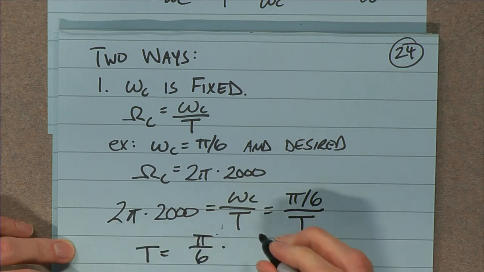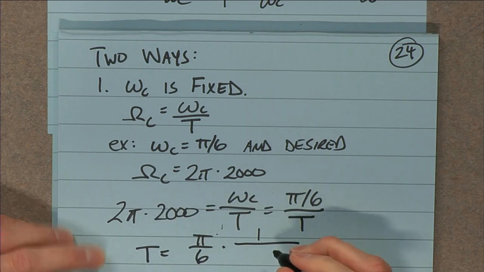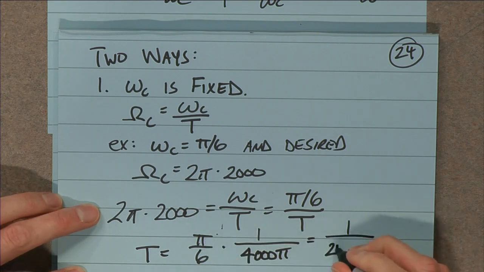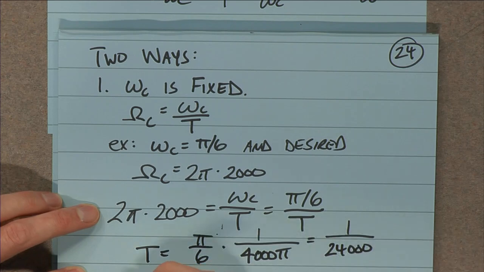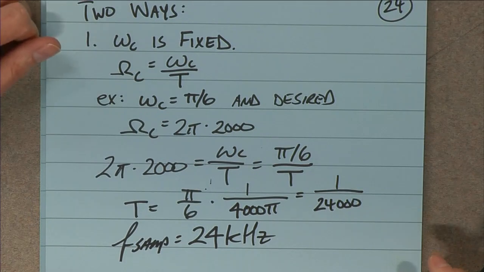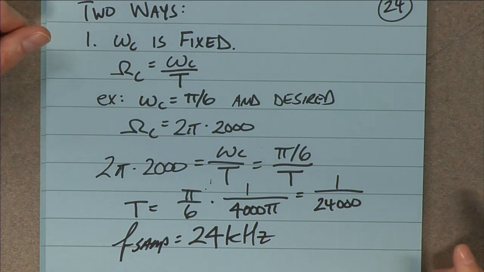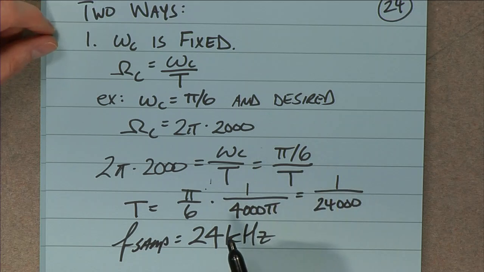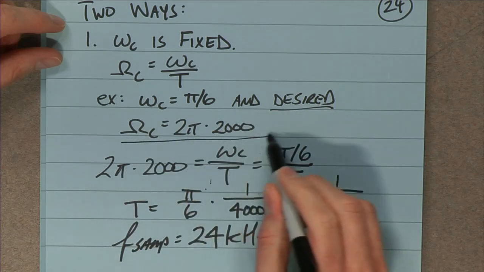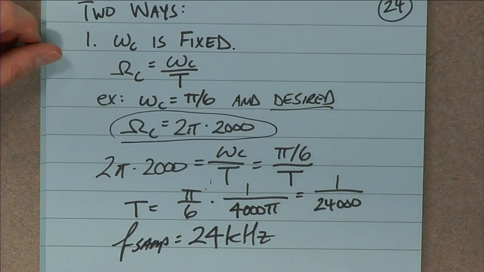Multiply this side times T, divide this side by, I'll call that 4000π. The π's cancel, so we get 1 over 24,000. So f_samp must be 24 kilohertz. So that's the way you'd approach it. You're forced to use that digital filter. It wasn't set up for what you wanted, but you have to use that. And the desired Ω_c, the cutoff frequency, was that. So you had choice on f_samp.